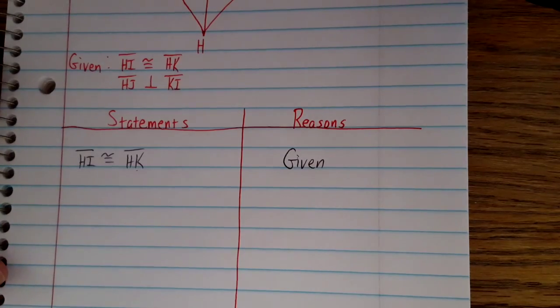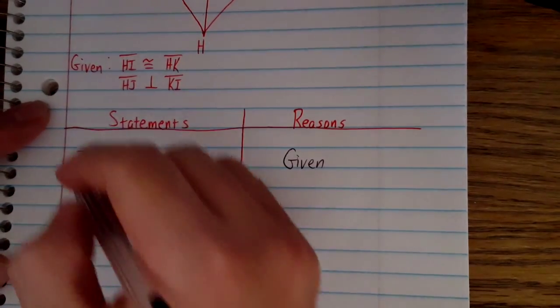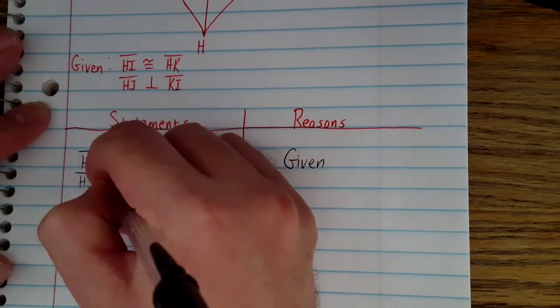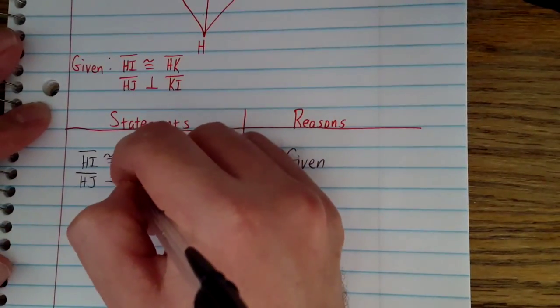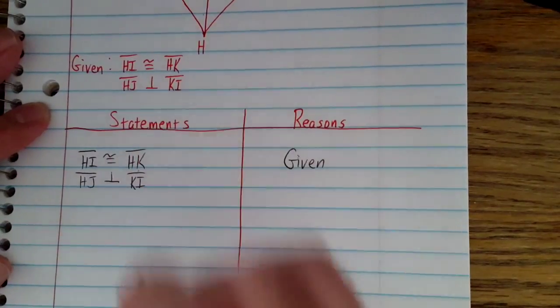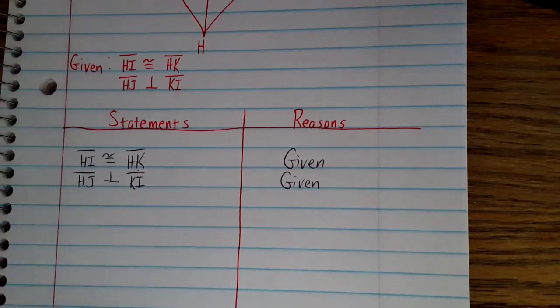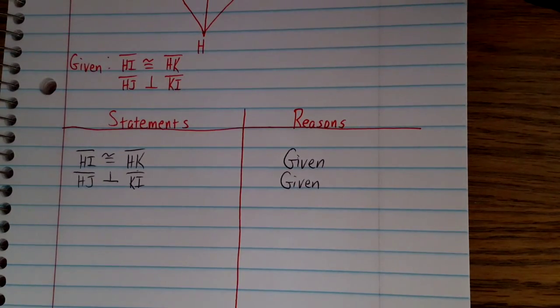Now, next thing I'm going to do is say the other given, that segment HJ is perpendicular to segment KI. This is also given to me. These are things that I don't really have to think too hard. I can just start off the proof saying, hey, guess what? This is what was given to me, and now we're going to build on it from there.